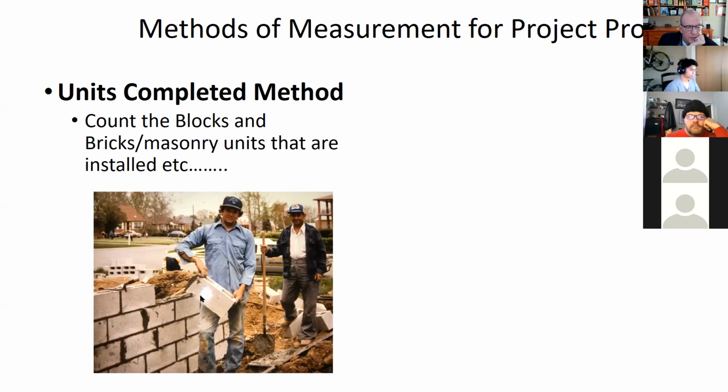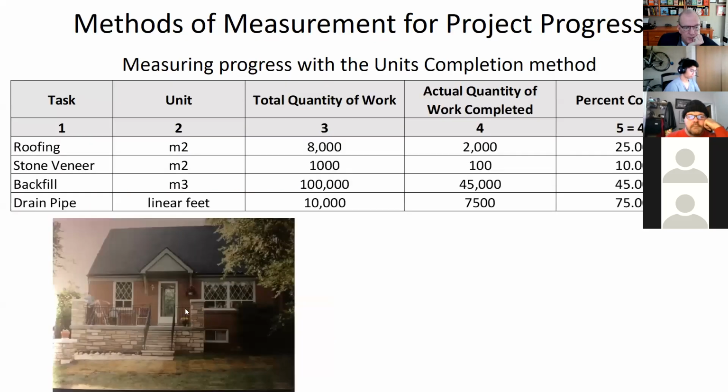Anyways, you could measure the blocks by area if you wanted to, but it's pretty easy to measure it by units though. So in that case, that might be one way that you'd want to measure it. There's the finished porch. The porch was actually stone. And stone, you could measure by area if you wanted to, so the area of stone that is placed.